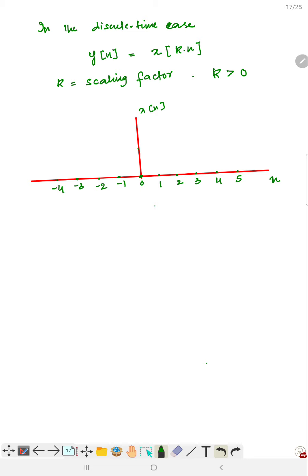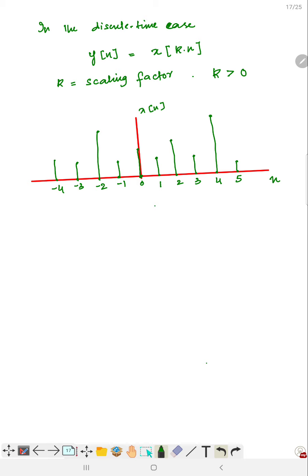Then there are some sample values: 1 has a value here, 2 has this, 3 has this, 4 has this, 5 has this. Fine. So it is defined from -4 to 5 at discrete time intervals.